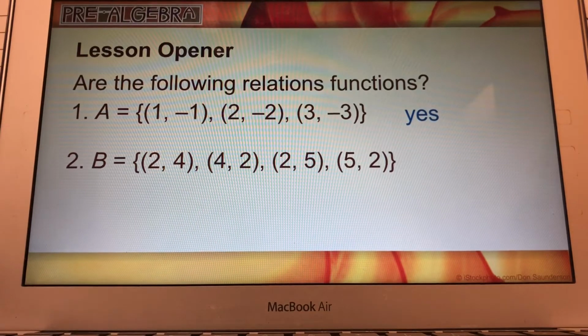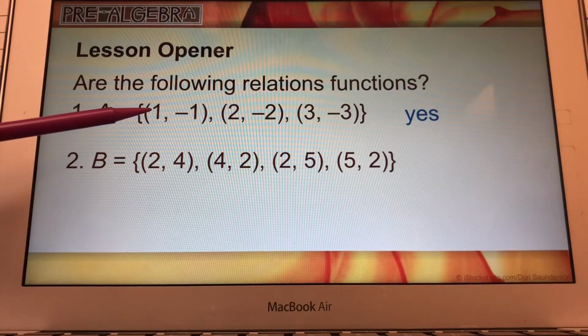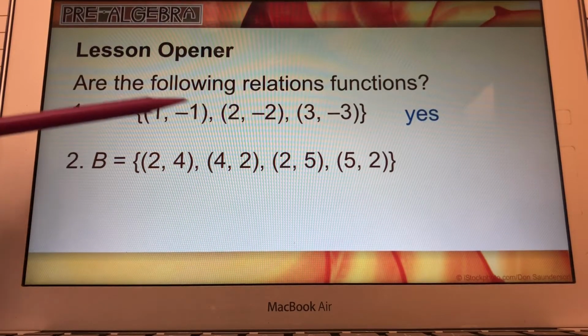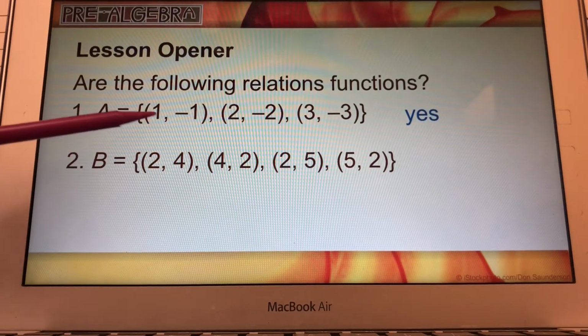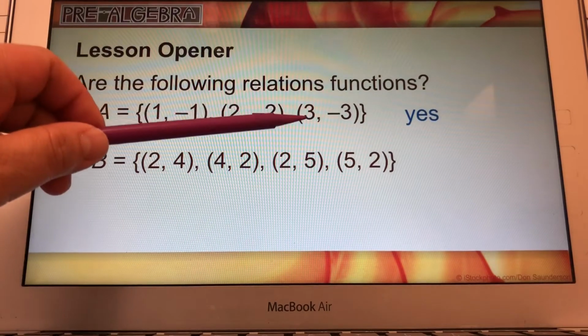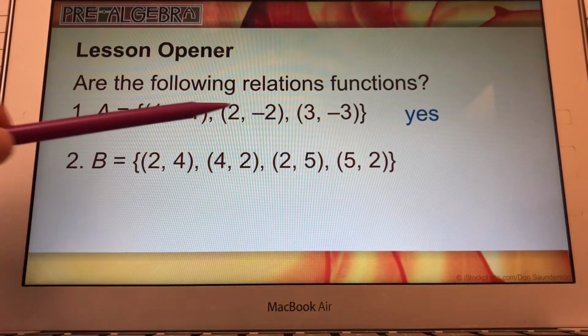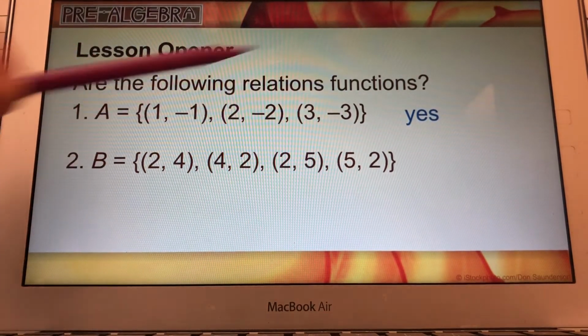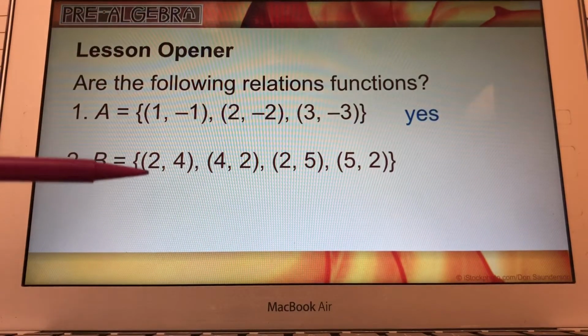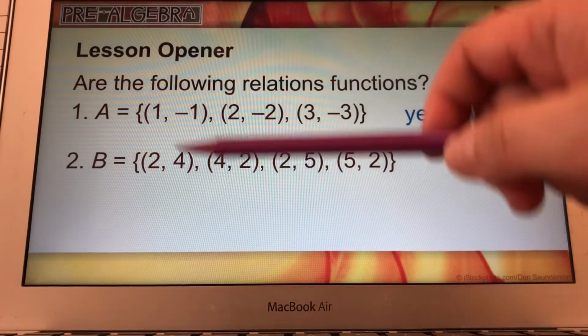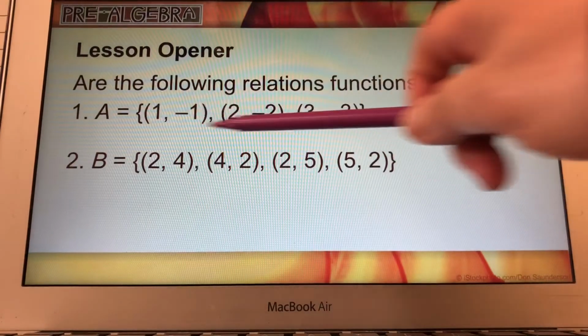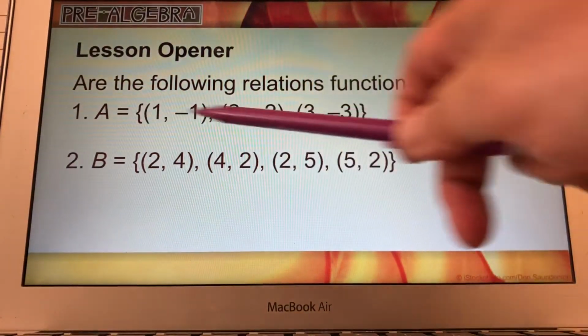And what makes a function? A function is when for every one x, there is exactly one y. None of your x's are repeated here. They're all different, 1, 2, and 3. So yes, this is a function, okay? Relation A is a function.